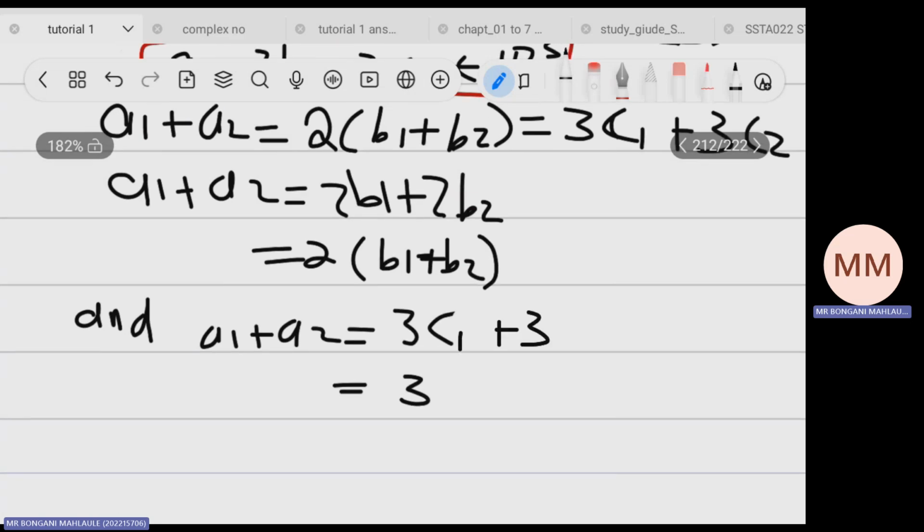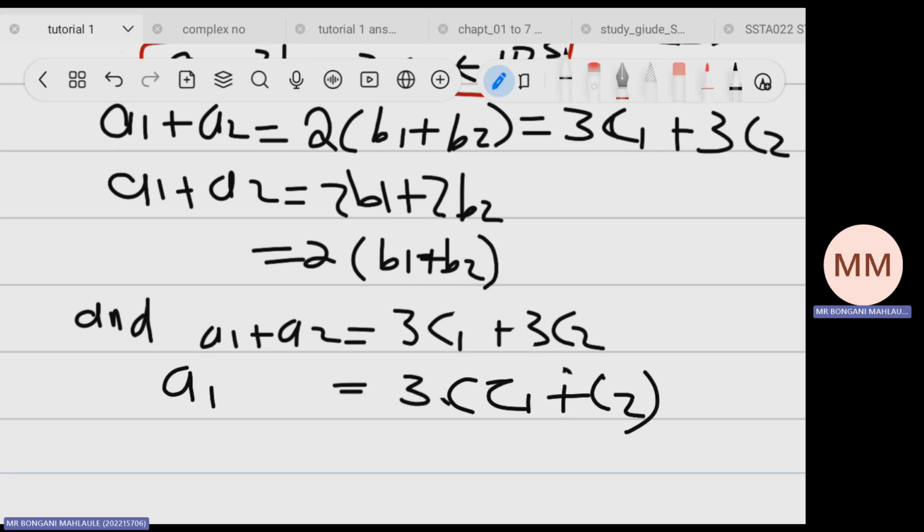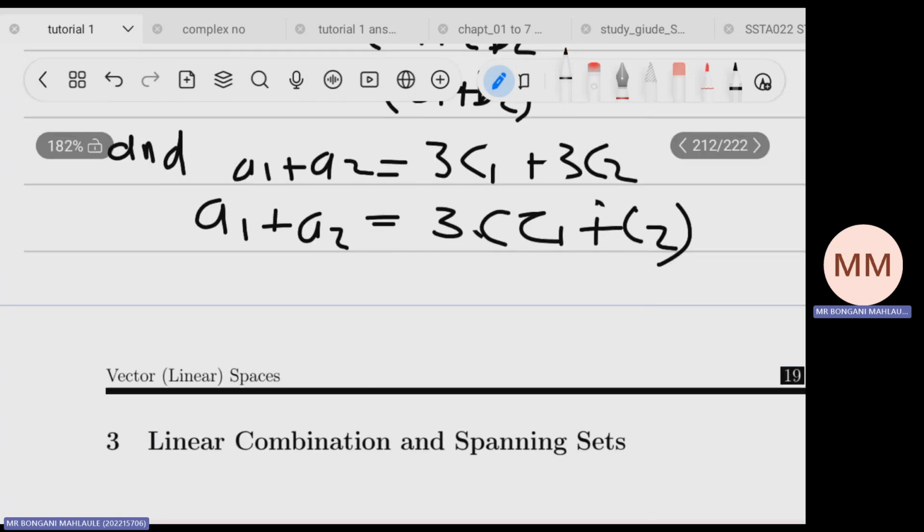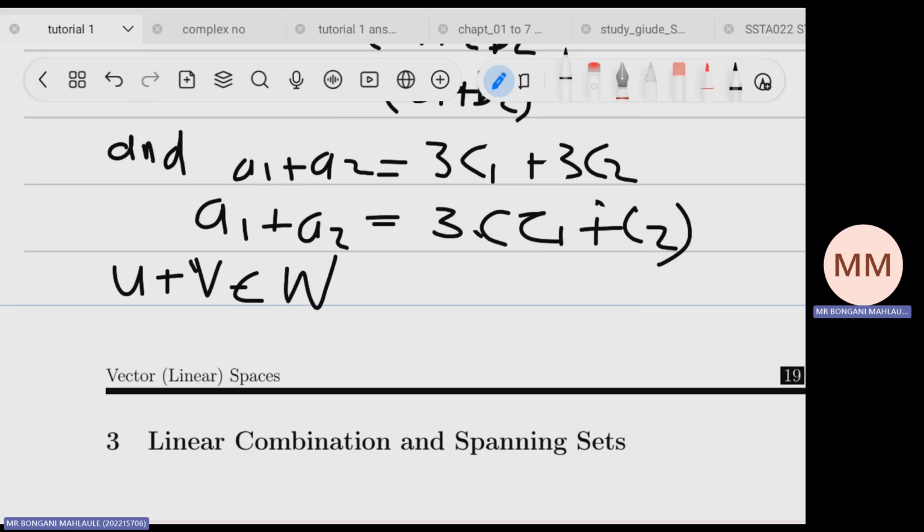So this is the same as having 3C1 plus 3C2, right? If I take out 3, you'll just have C1 plus C2. So we can clearly see that U plus V is an element of the subspace of W.